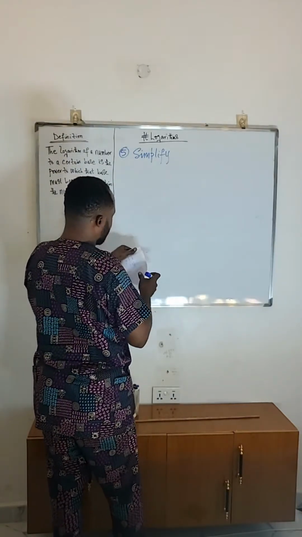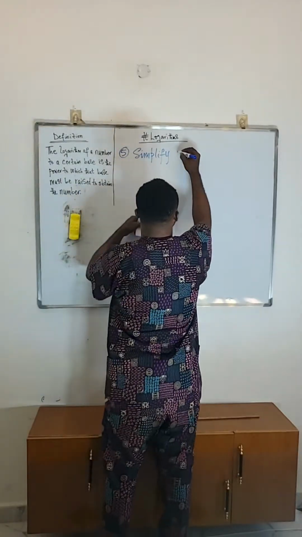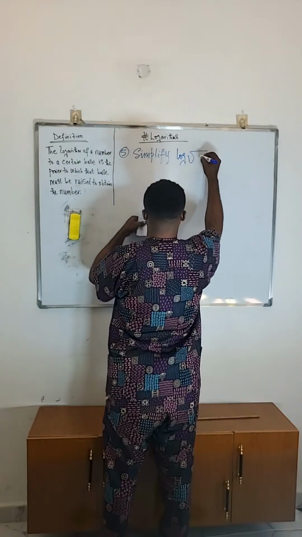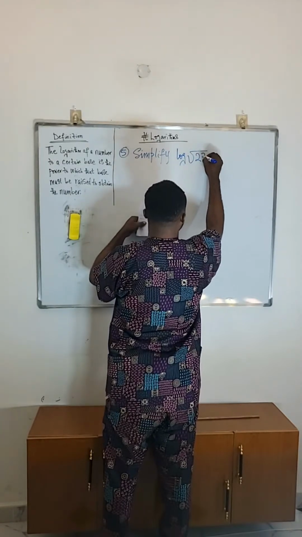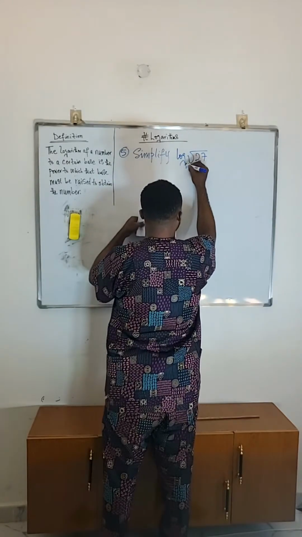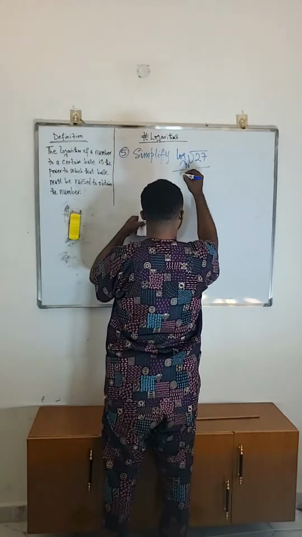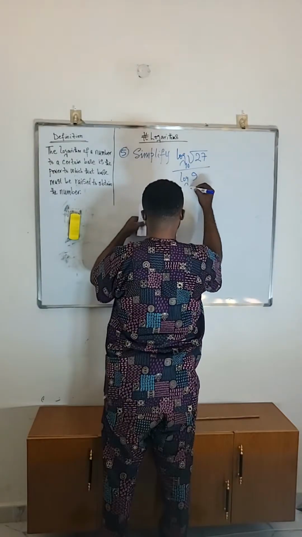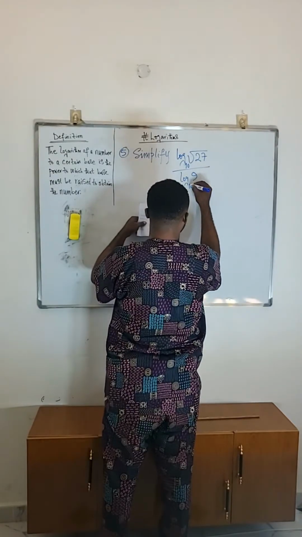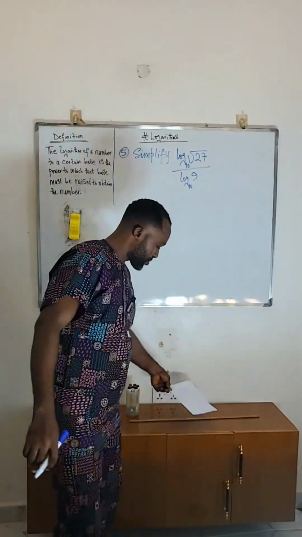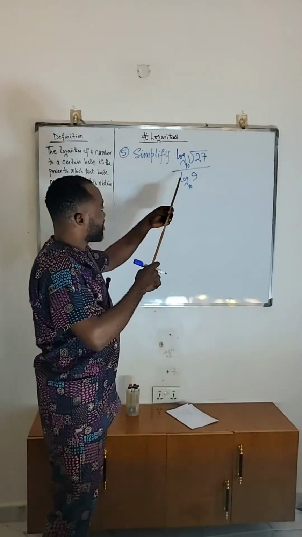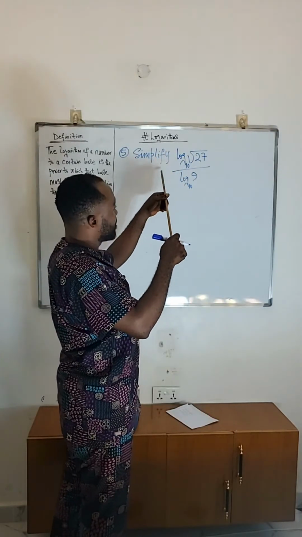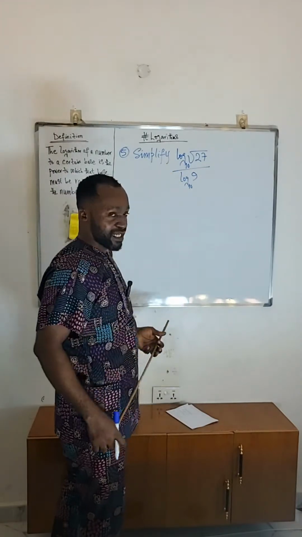This says simplify log root 27 in base 10 all over log 9 in base 10. So you can see, simplify log root 27 in base 10 divided by log 9 in base 10.